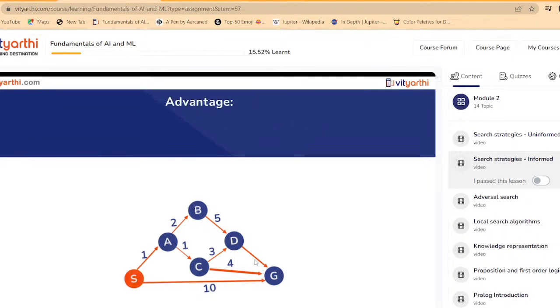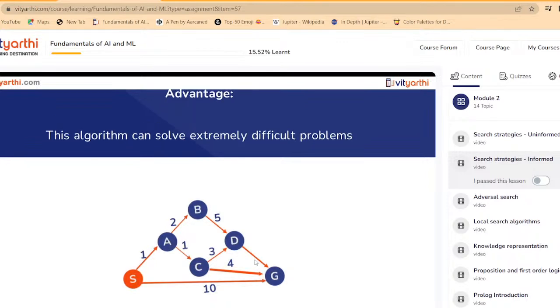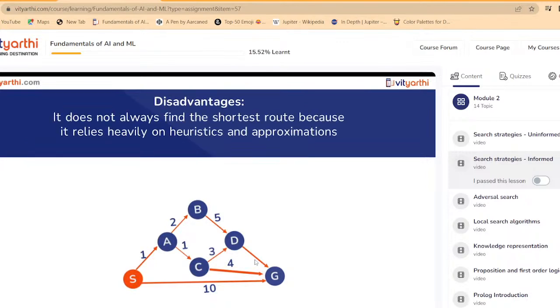The major advantages of this A-star algorithm are that it is superior to other search algorithms and it is complete and optimal, so we can solve extremely difficult problems by using the A-star search algorithm. Even though it has a lot of advantages, the major drawback of this algorithm is that it does not always find the shortest route because it relies heavily on heuristics and approximations.